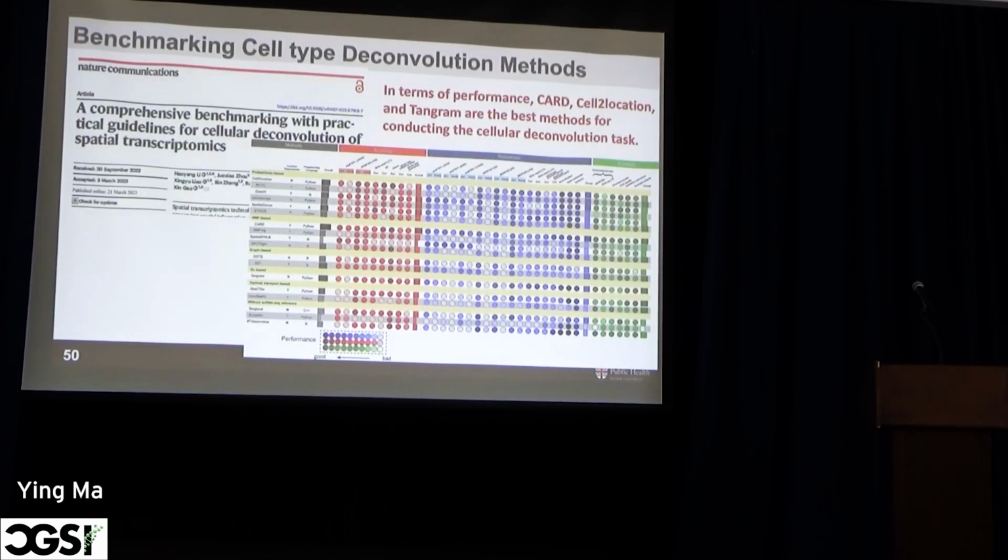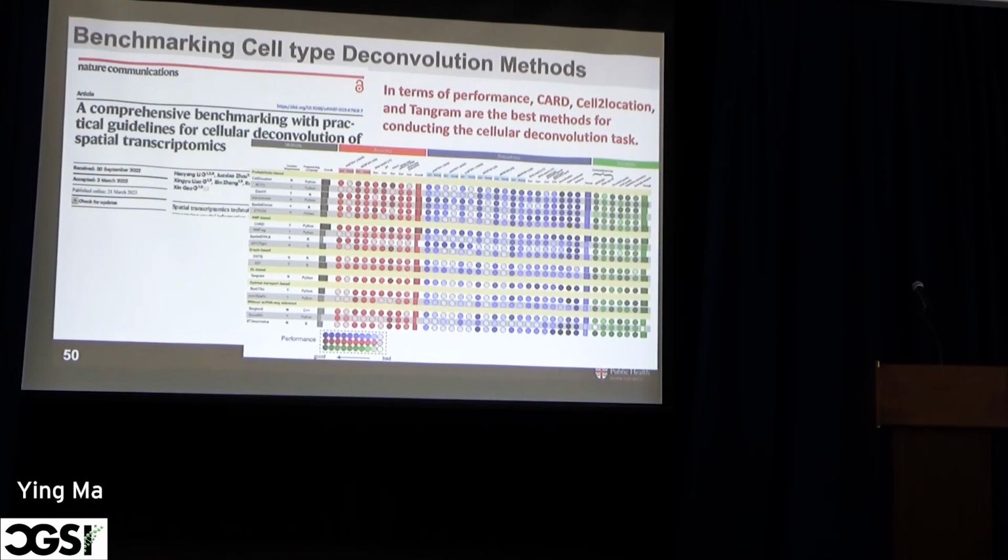So given all of these categories of methods, there are definitely benchmarking studies. One representative benchmark is the one published in Nature Communications. They benchmarked about 18 methods over 50 data sets. And in terms of performance, they list CARD, Cell2location, and Tangram as the best methods for the cellular deconvolution task.